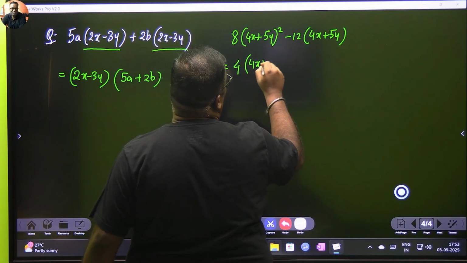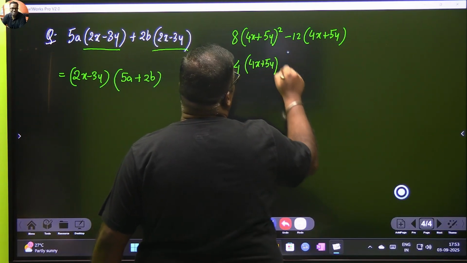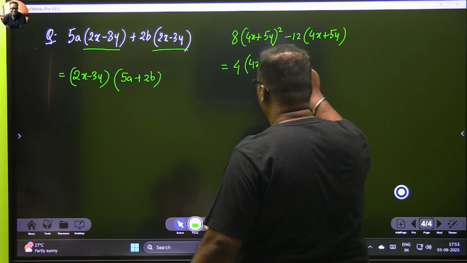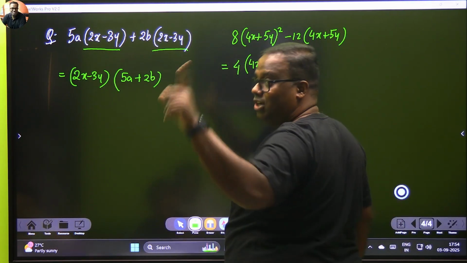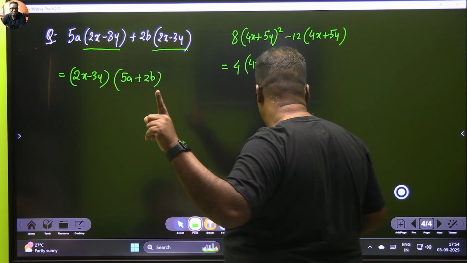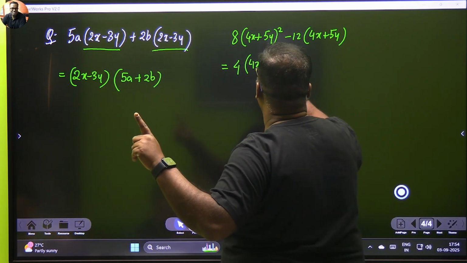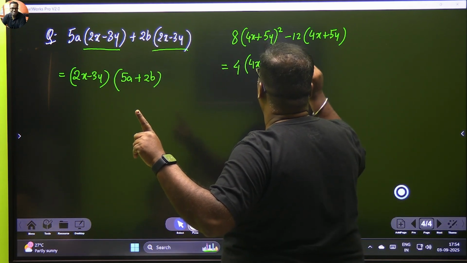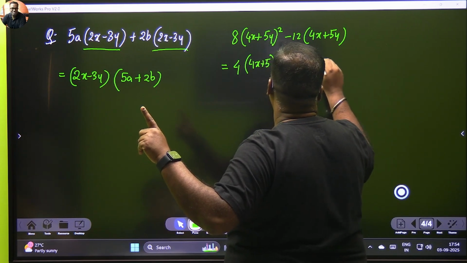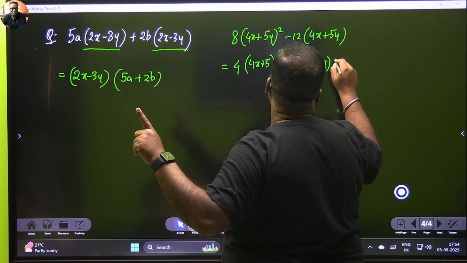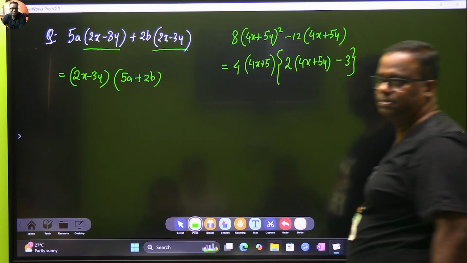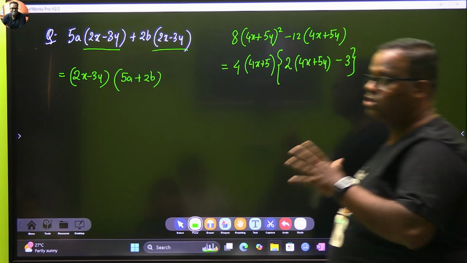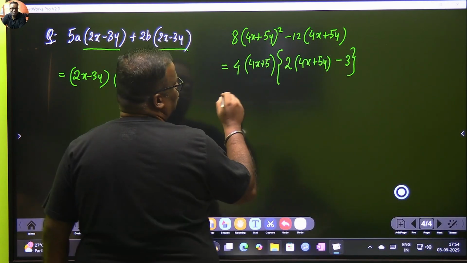4x plus 5y. And then what are you left out here with? 2. Out of dog square you took dog. So dog is left. That means some change we have to do. This bracket will not work. So we will now open up our second bracket. 2 is there and one dog should be there, right? Dog. And then out here, what do we have? 3. That's it. Right? But we have to simplify the bracket inside because it's all about factors.